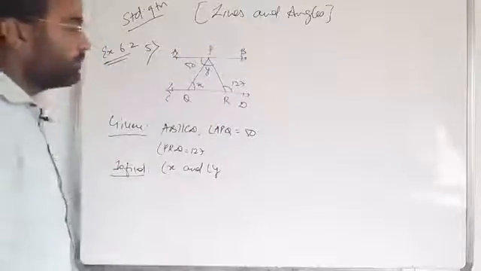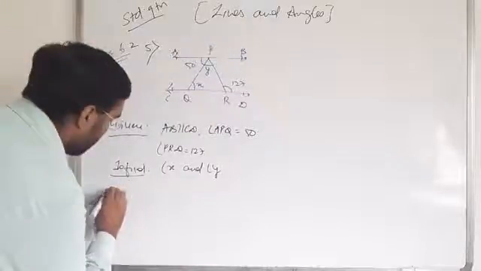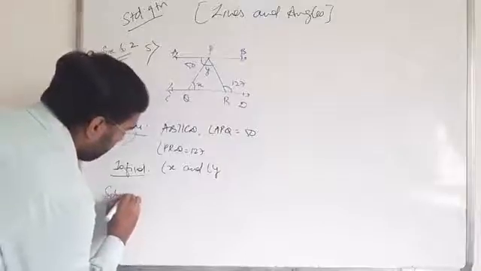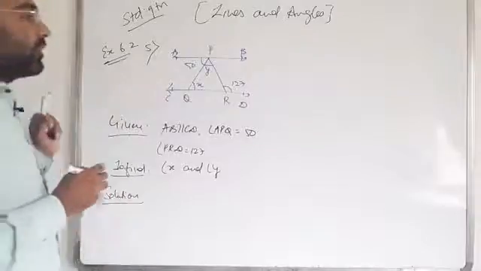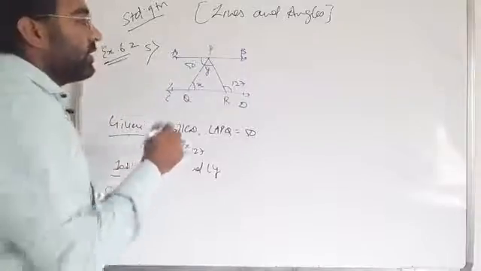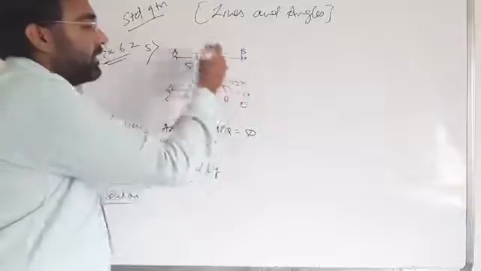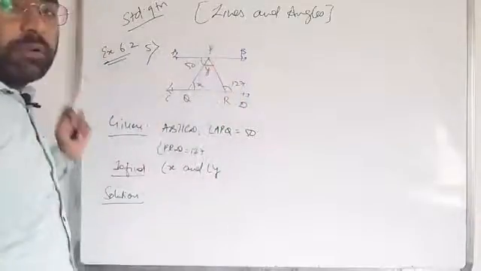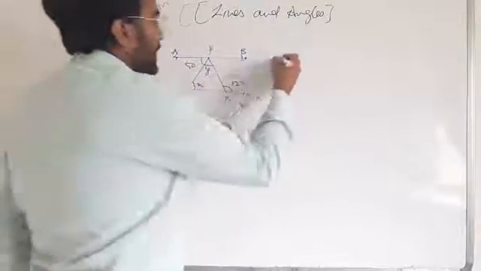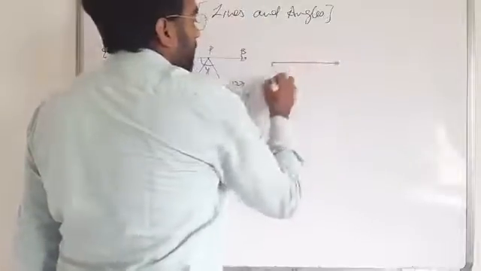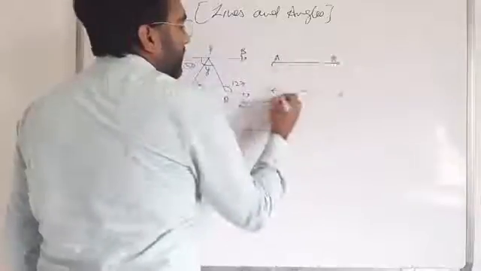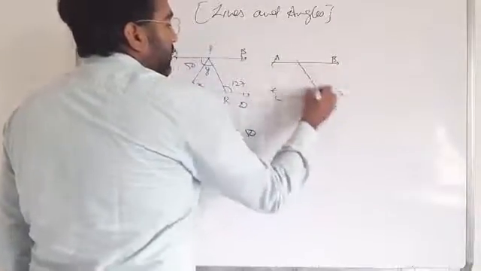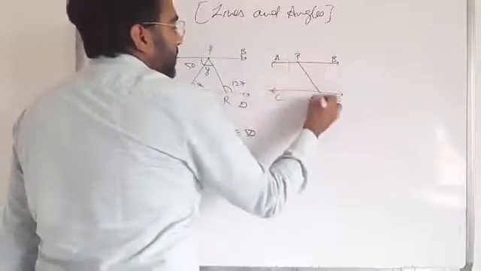Now the solution. First of all, AB is parallel to CD and we take PR as a transversal.